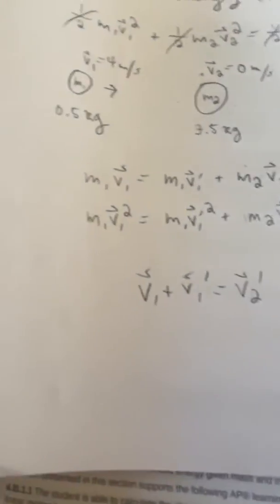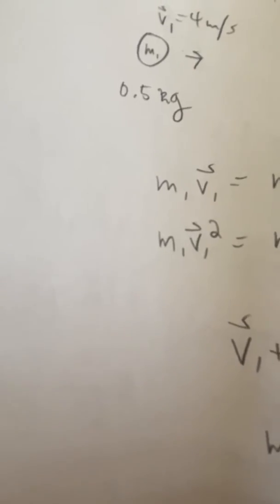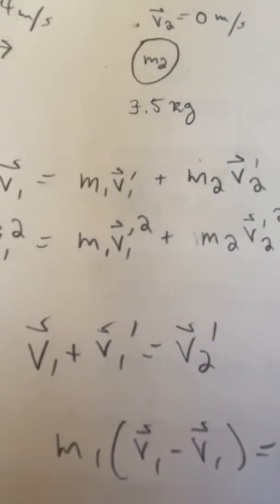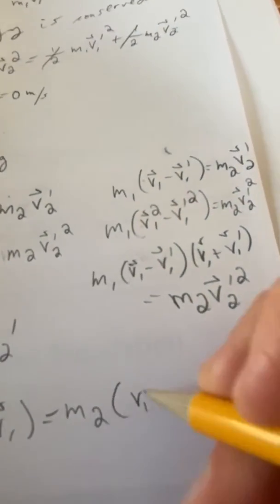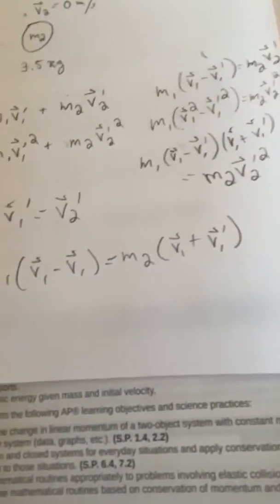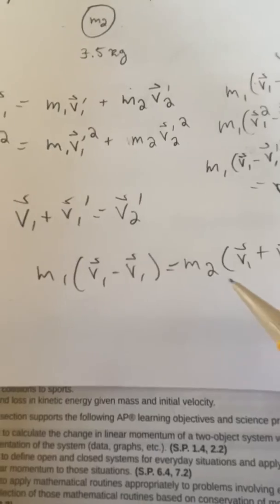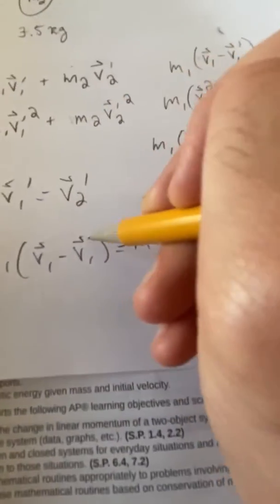And what happens when we do that is we get m1 times (v1 minus v1 prime) equals m2 times (v1 plus v1 prime). Okay, so notice now we have it all in terms of quantities that we know except for v1 prime.